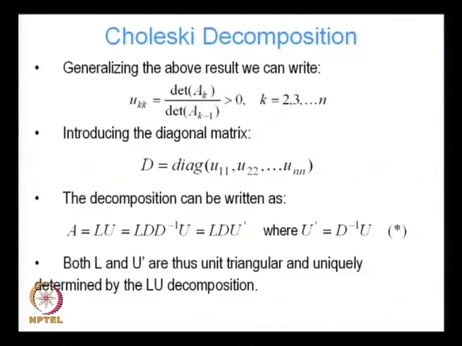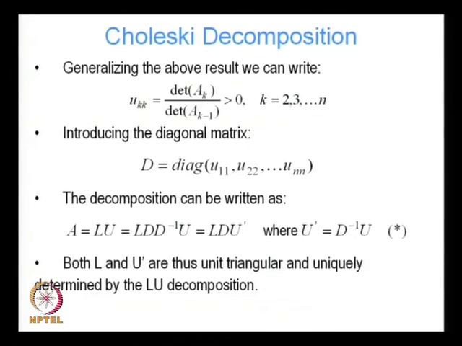Similarly, we can show that for any k, U_kk, the kth element on the diagonal of the upper triangular matrix, can be written as determinant of A_k divided by determinant of the submatrix of one order less, that is A_(k-1). And since this is a positive definite matrix, both determinant of A_k and determinant of A_(k-1) are positive. So that guarantees that U_kk will always be positive.